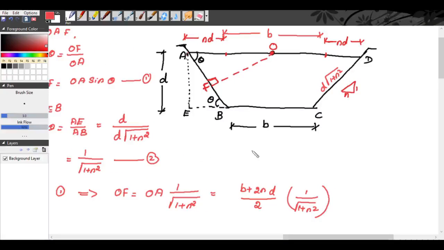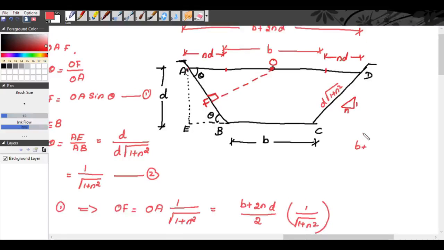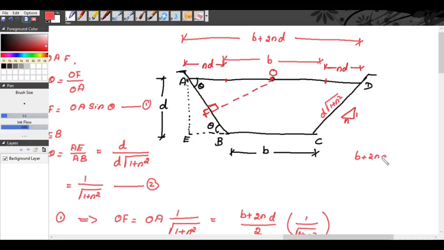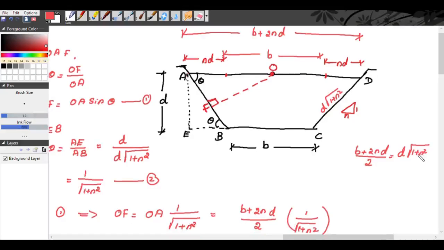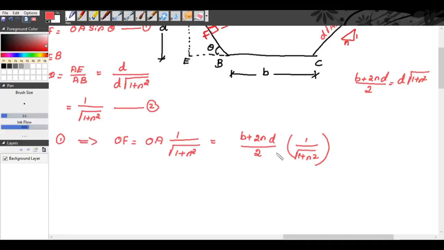Half of the top width, that is B plus 2nd by 2, is equal to one of the sloping side, that is d into root of 1 plus n square. So half of the top width can be replaced by d into square root of 1 plus n square.